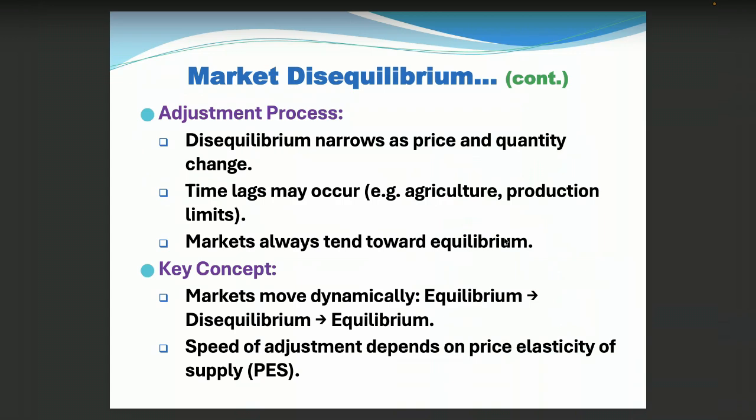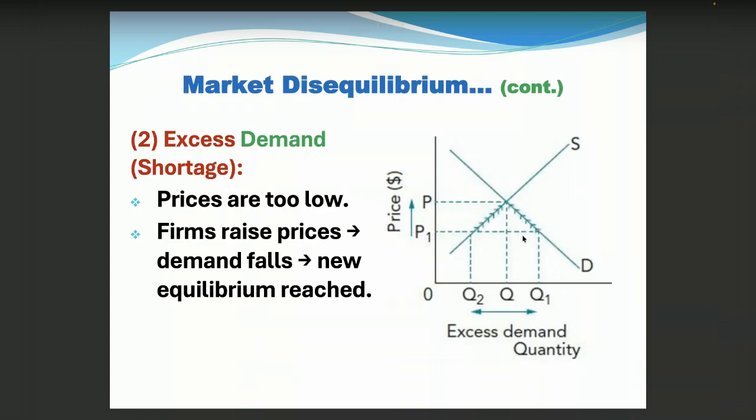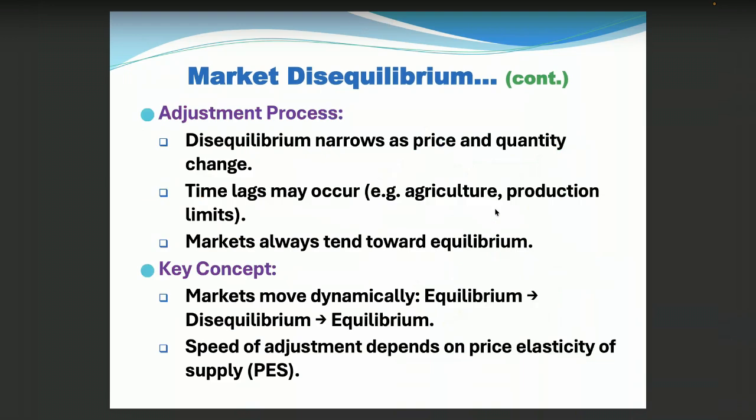In this adjustment process, the disequilibrium will be narrowing as price and quantity change, just like this, from this point to just this. And it might also take time based on what kind of production we are going through. If you remember, we went through price elasticity of supply, where in agriculture it was usually hard to adjust our supply because it would take too much time.